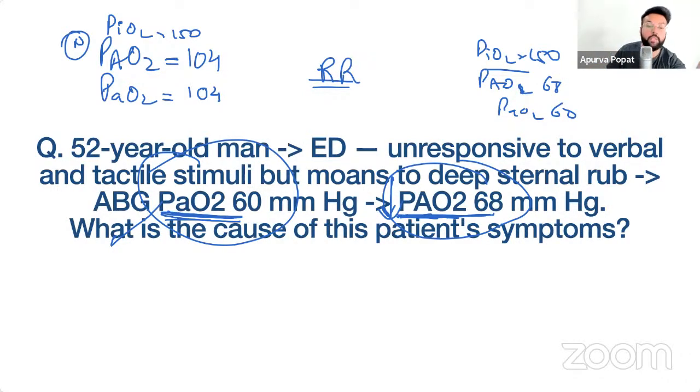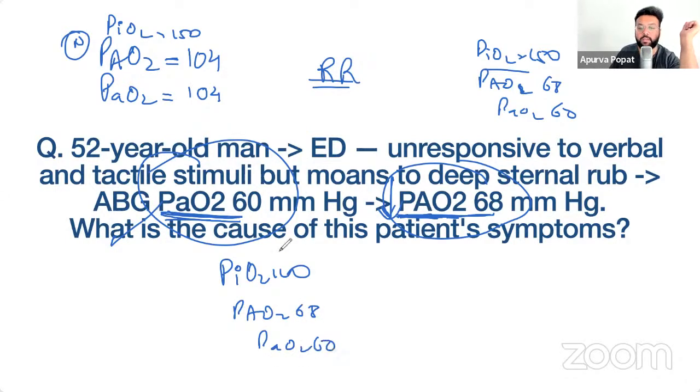The patient is not breathing properly, let's say opioid, benzodiazepine or barbiturate intoxication. But at altitude, your PiO2 might decrease, let's say to 100, then your PAO2 becomes 68 and PaO2 becomes 60. So this is at high altitude. This is at sea level, but the patient is hypoventilating, and this is completely normal. Is it okay for everyone? Okay.